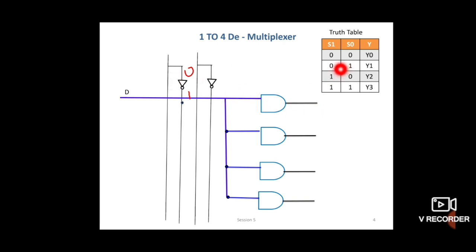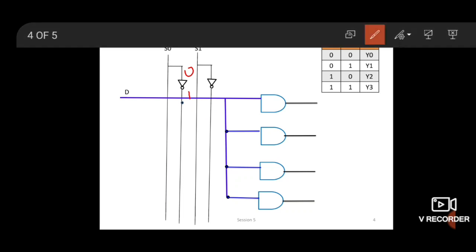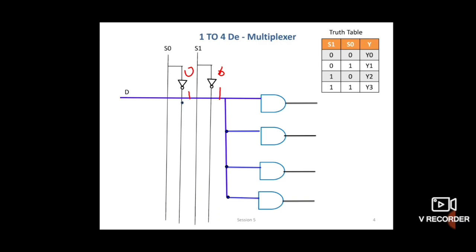Now see the first case, with S1 and S0 as the select lines. If S1 is equal to 0 and S0 is equal to 0, the NOT gates make S1 equal to 1 and S0 equal to 1, and this enables the first AND gate, because the 0 passes through the NOT gate.